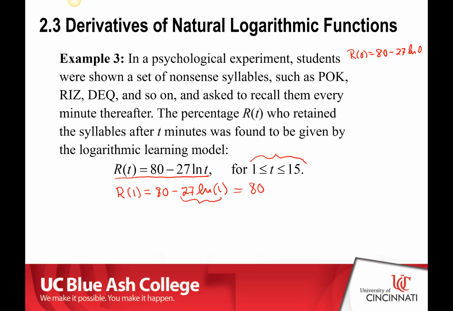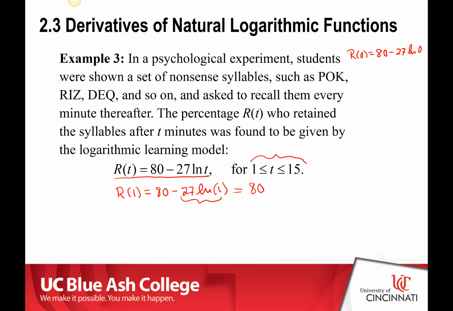What's 80 mean? Okay, that's close. After 1 minute, 80% of the people will remember the list of syllables. Okay, so what this retention is, is the percent of people who remember the syllables. Does that make sense to everybody?